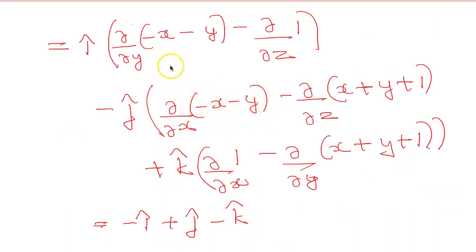That would give you −1, which is −i. This will give you −1, and that minus minus will give you +j, and this would give you −1, which is −k. So it is −i + j − k.